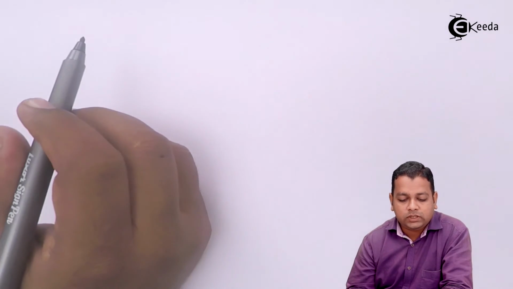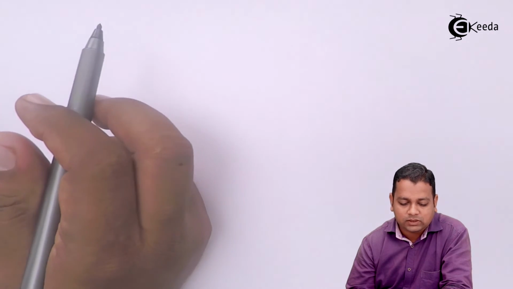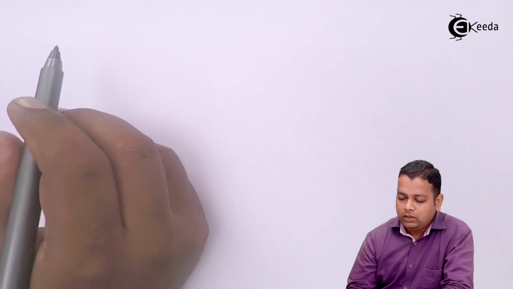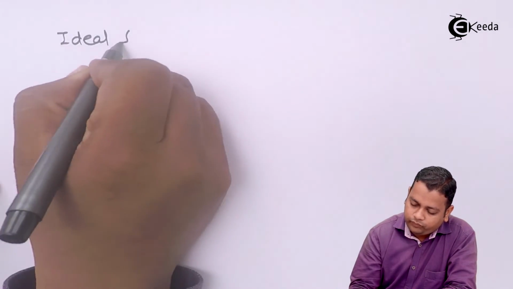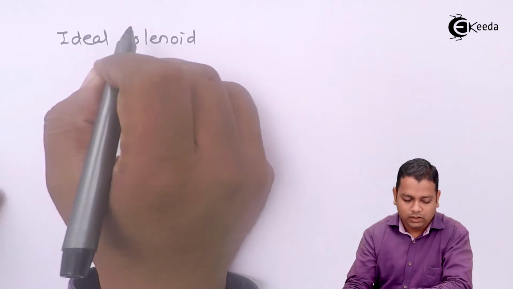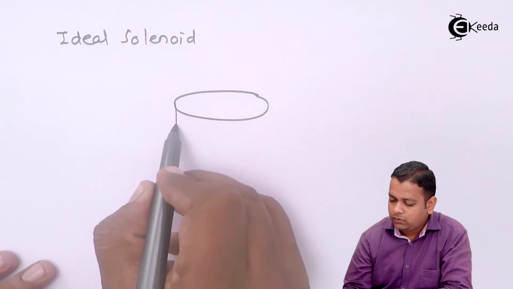Devices of this kind, that is solenoids, can be used as electromagnets or inductors in electronic circuits. So here the ideal solenoid can be shown with this diagram.